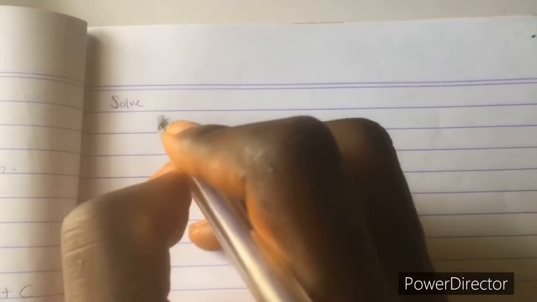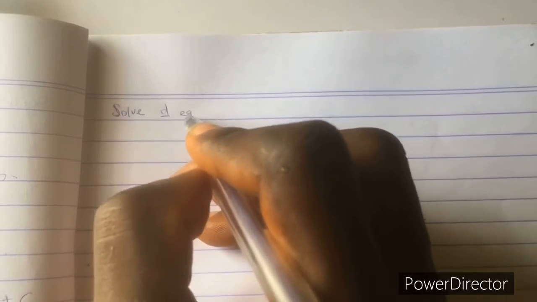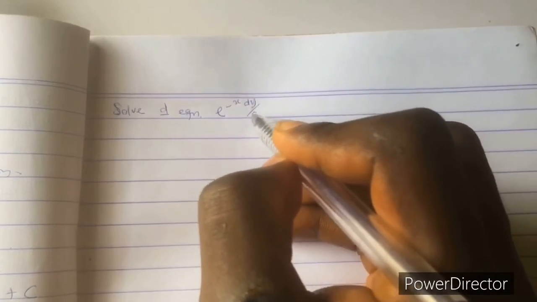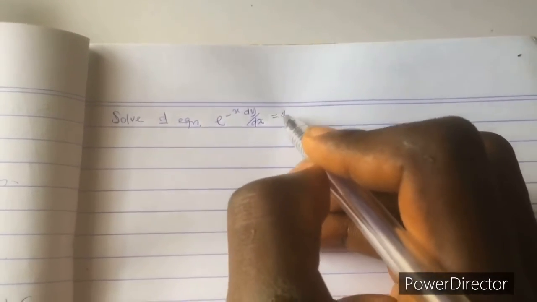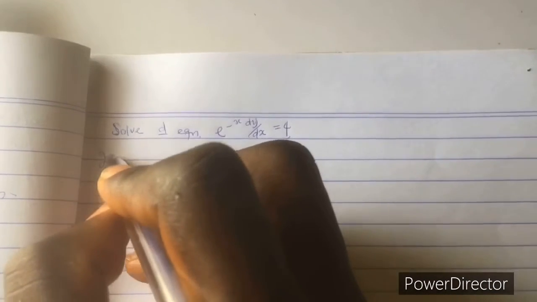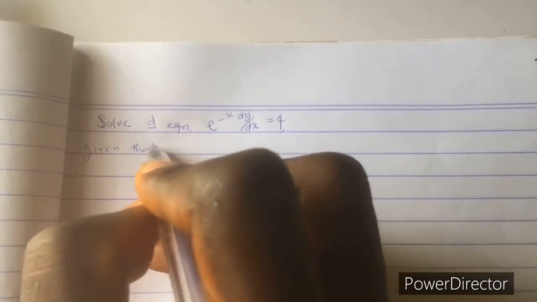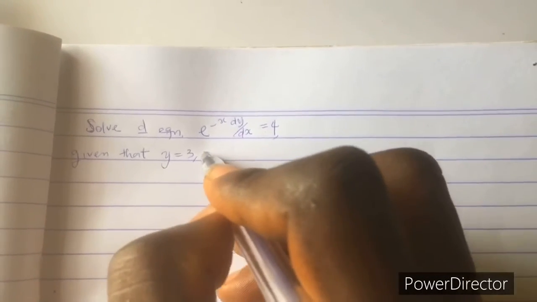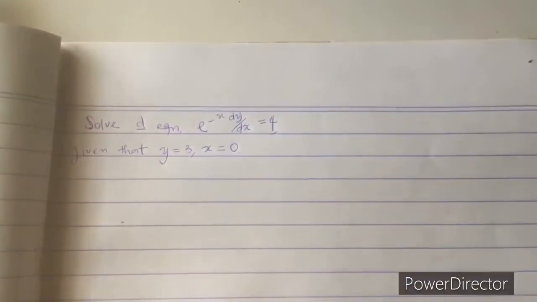Alright, let's take one more example. Example 6.3: the question says that we should solve the equation e raised to minus x dy/dx equals 4, given that y equals 3 and x equals 0.